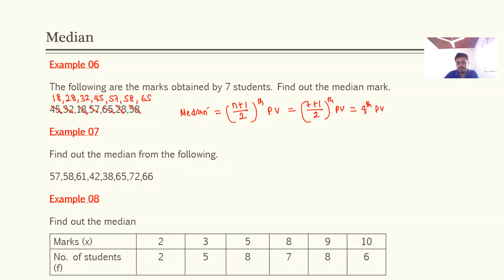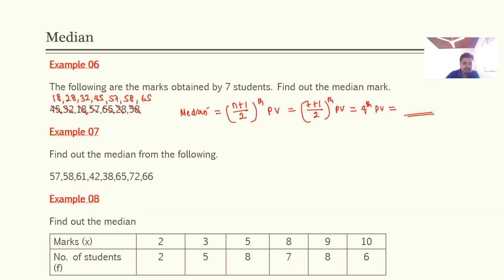4 is not our final answer. It tells us where our answer is. After we arrange the data in ascending or descending order, what is the value at the fourth position? That should be our median value. So what is the fourth observation here in this case?